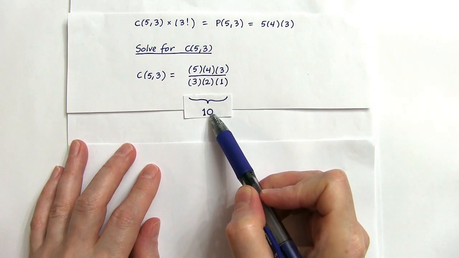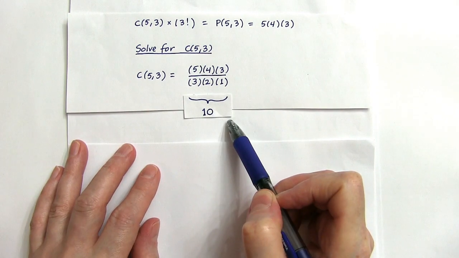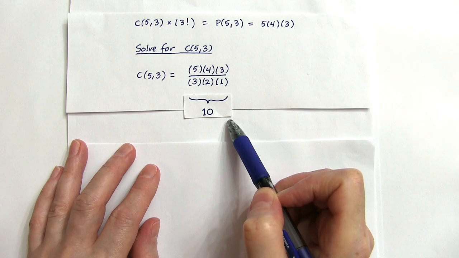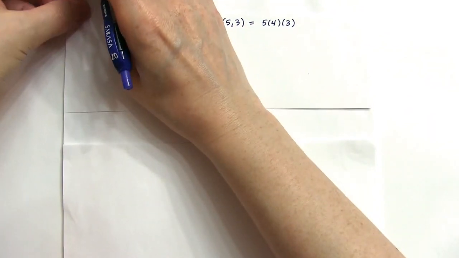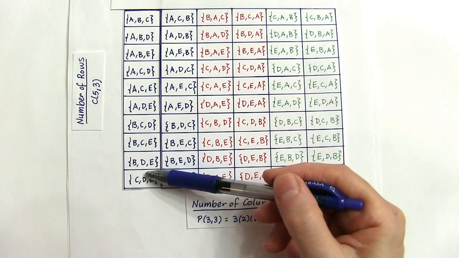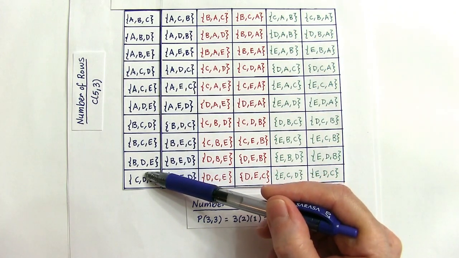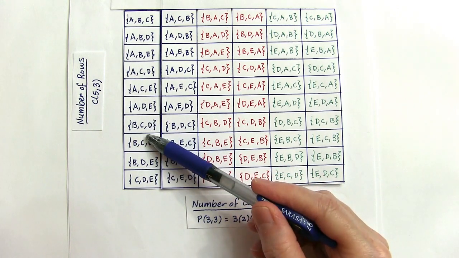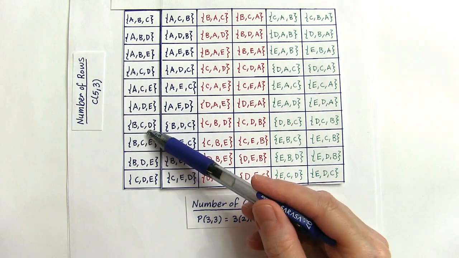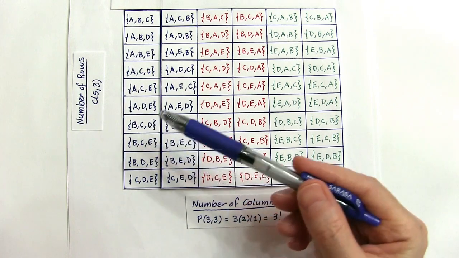This does give the same number of rows as in my table, like I showed you before. Right here. You might try listing all of these subsets yourself and check your answer against my results.